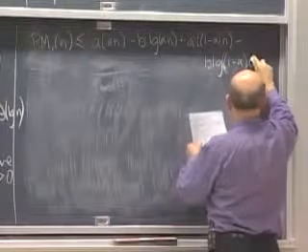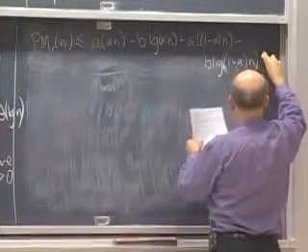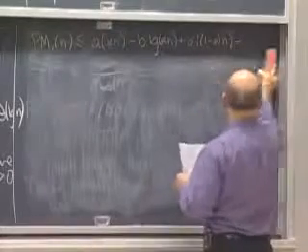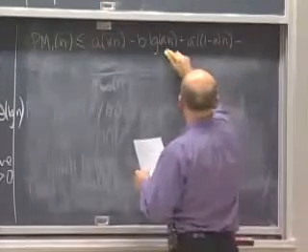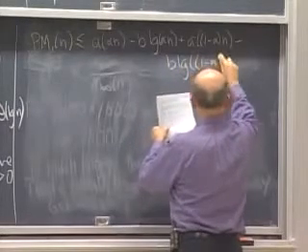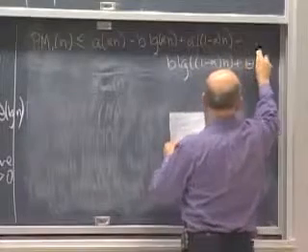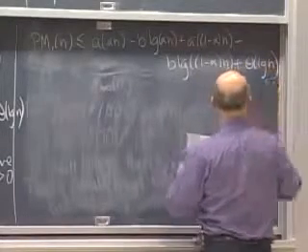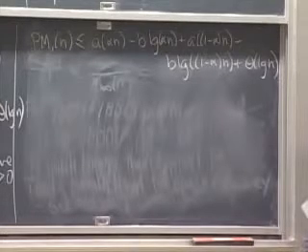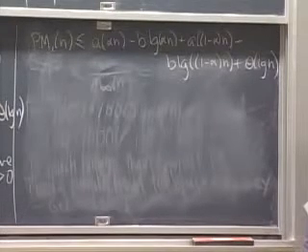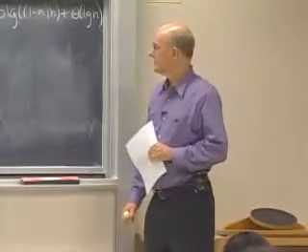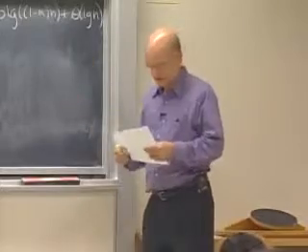Didn't even leave myself enough space here. Plus, let me just move this over. So b log of 1 minus alpha n plus theta of log n. How's that? You okay on that? Okay, so that's just substitution.